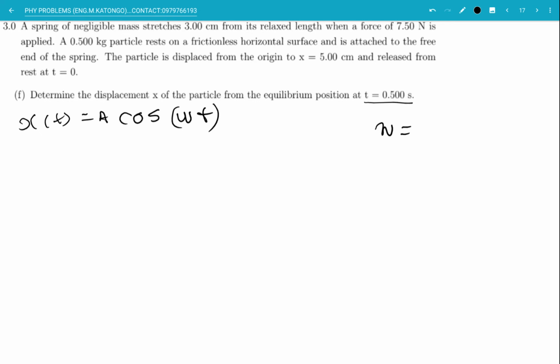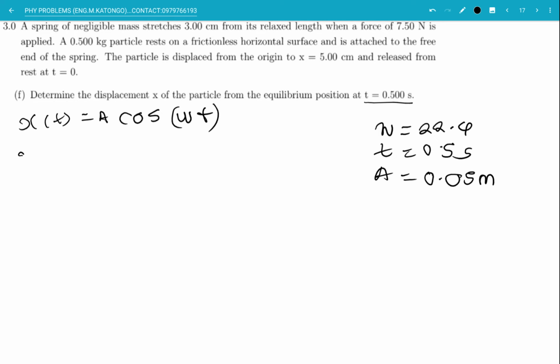We have our angular frequency, determined previously in the question as 22.4, and our time given as 0.5 seconds, and finally our amplitude, which we obtained previously as 0.05 meters.